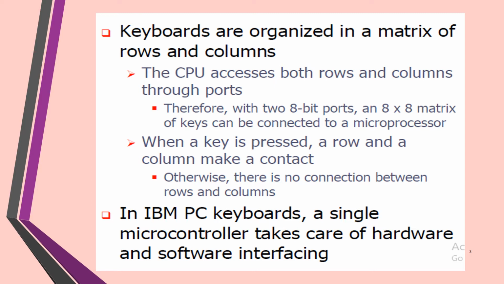And if all the rows are grounded and a key is pressed, then one of the columns will have 0, since the key press provides the path to ground. It is the function of the microcontroller to scan the keyboard continuously to detect and identify the key pressed, and exactly how it is carried out.